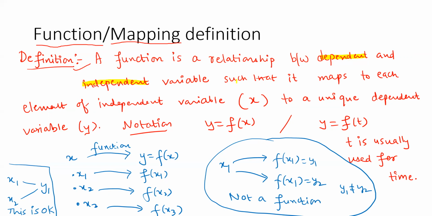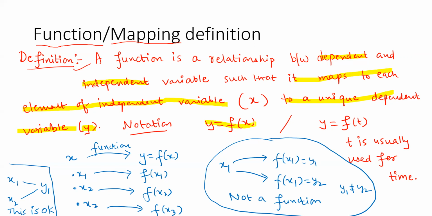And what is the particular thing about it? It maps each element of the independent variable to a unique element of the dependent variable. So you have x as the usual notation for the independent variable and y as the usual notation for the dependent variable.